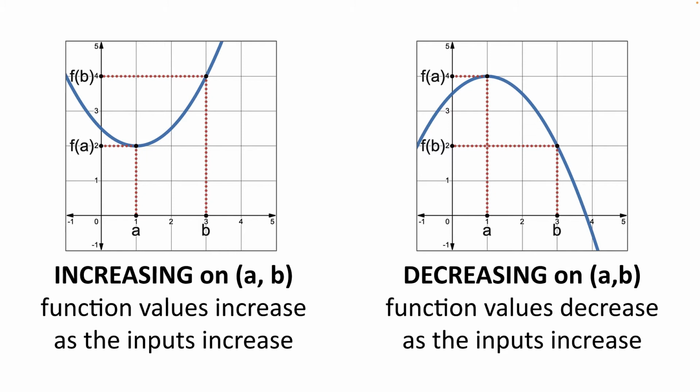So if you're reading a graph from left to right, the function is increasing if the function is going up from left to right. A function is decreasing over an interval a to b if the function values decrease as the inputs increase. So once again, if you're reading the graph from left to right, if the function is going down, then it is considered a decreasing function.